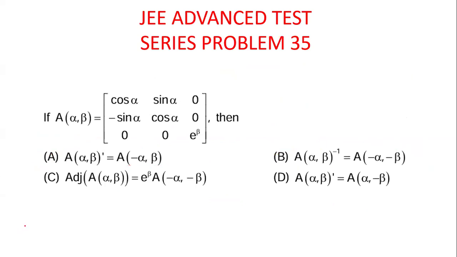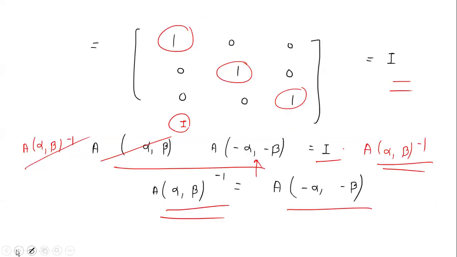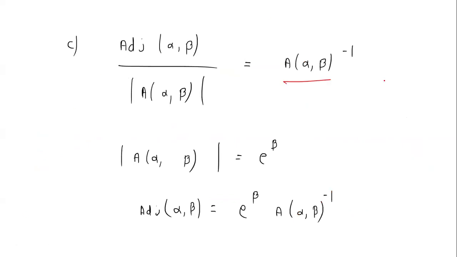Now let's move to the C option. The adjoint of this A matrix is equal to e power beta times the A matrix with alpha replaced by minus alpha and beta by minus beta. We know the inverse of a matrix is defined as the adjoint of the matrix divided by the determinant of the matrix.